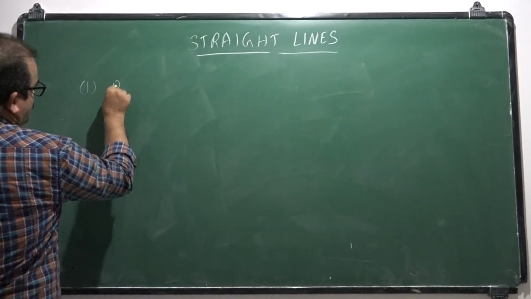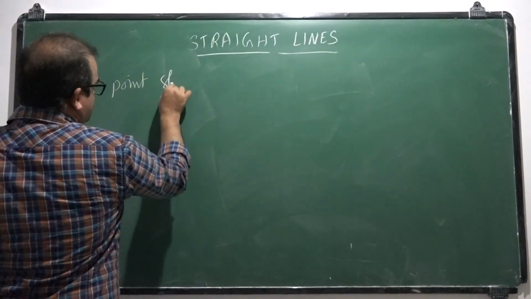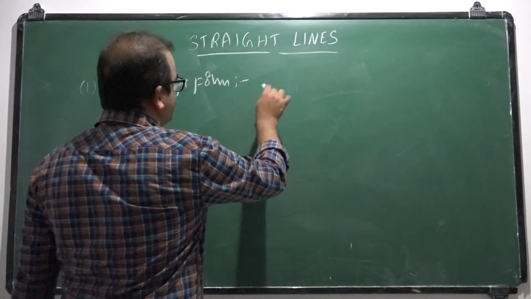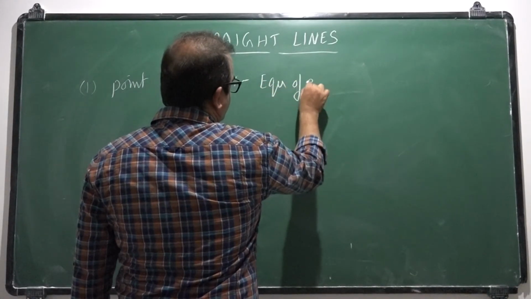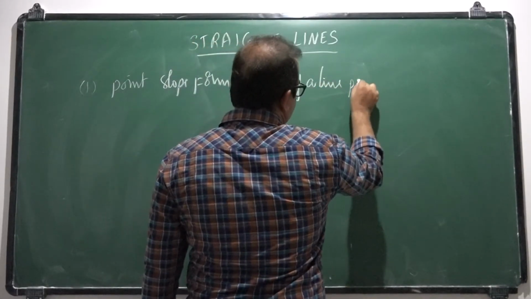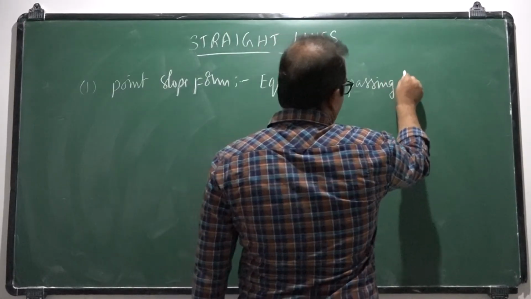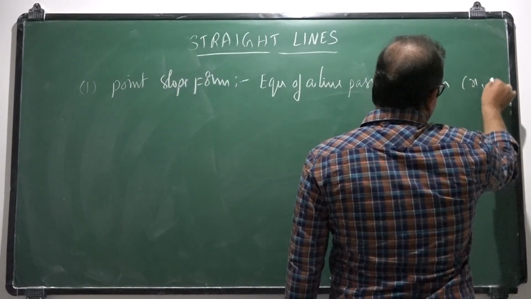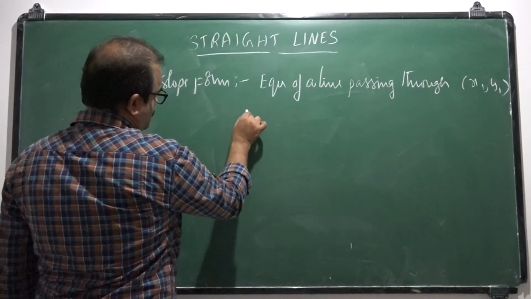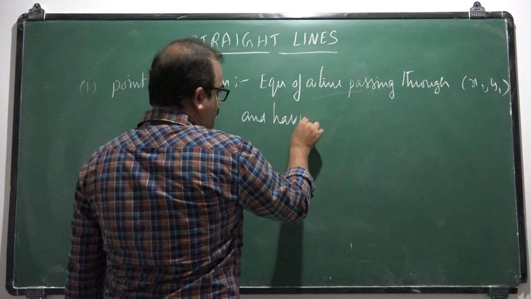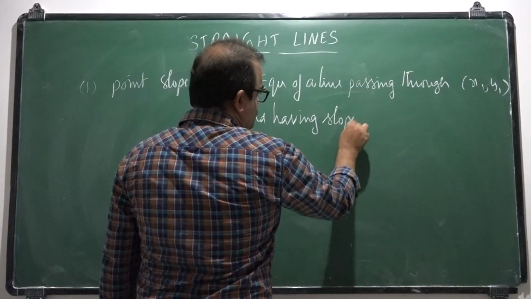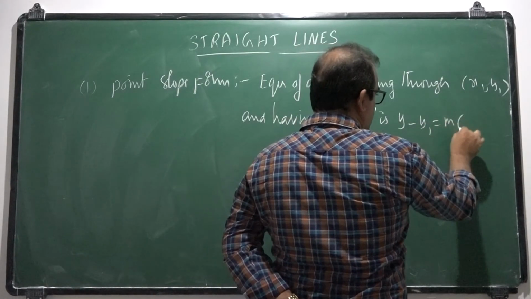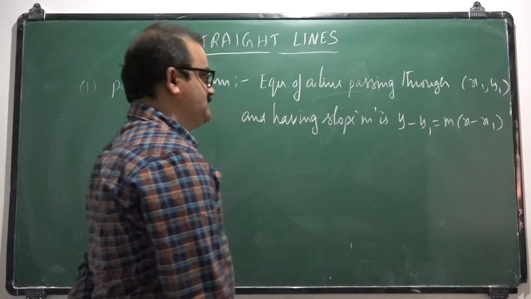First, point slope form. Equation of a line passing through the point x1 y1 and having slope m is y minus y1 is equal to m into x minus x1.